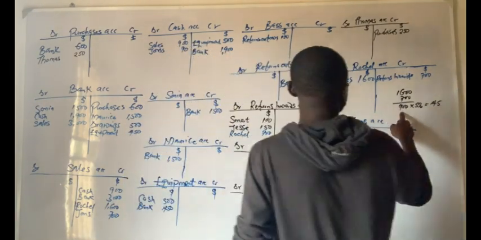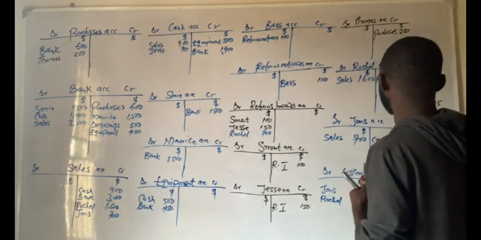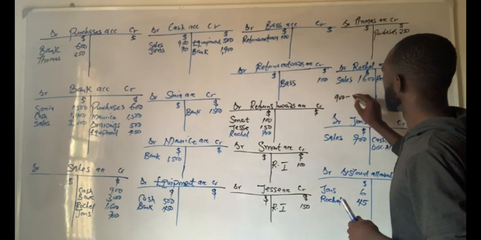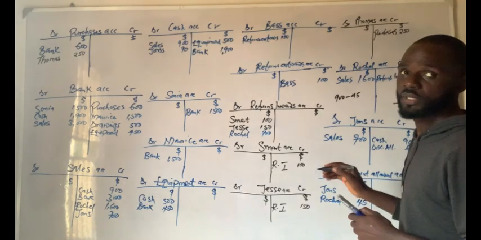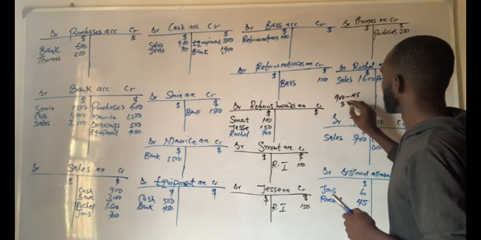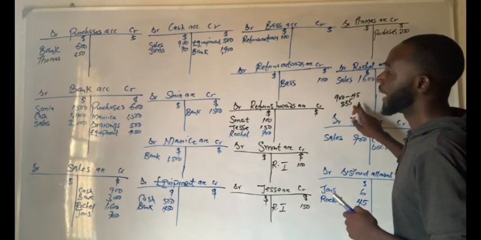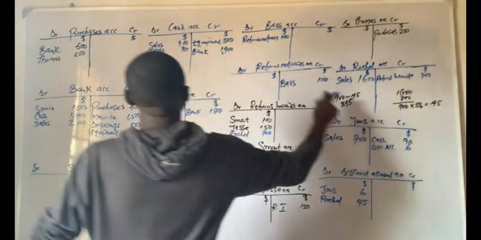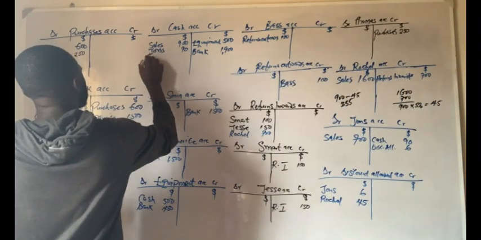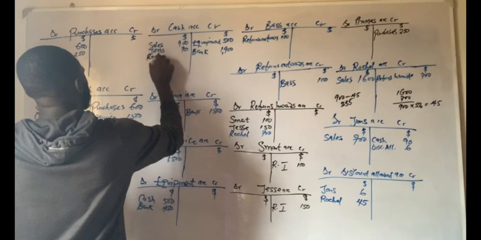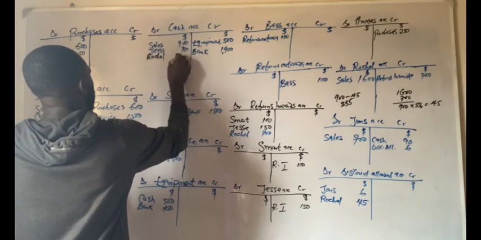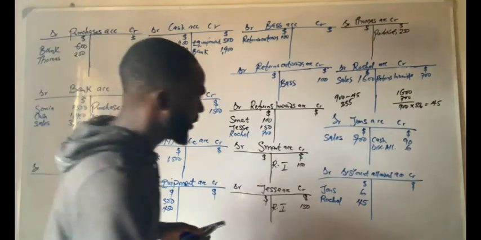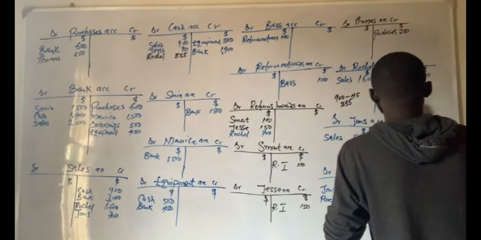This 900 minus the discount allowed to Rochelle gives us 855. This is the actual amount received as cash, Rochelle, 855 as received.